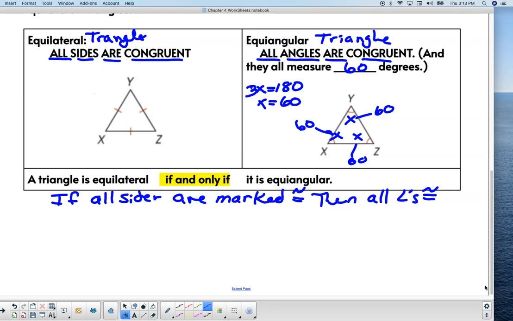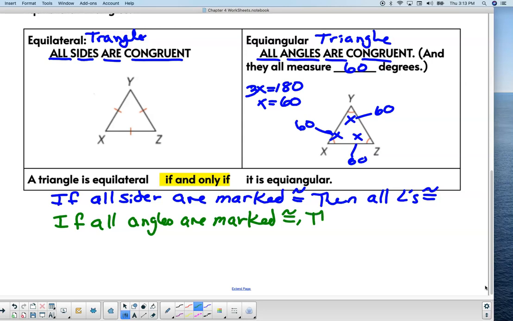In a similar idea, if all angles are marked congruent, then all sides are congruent. And that's true about our equilateral triangles. So we're going to use that in some problems coming up here.